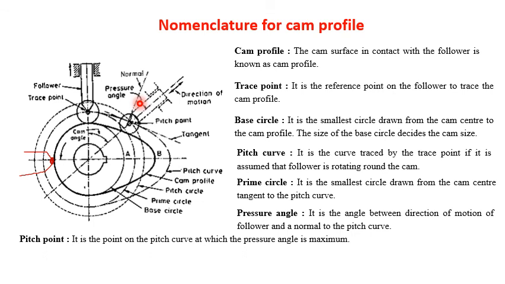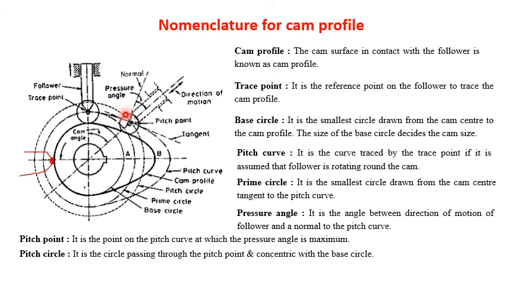Next one is pitch point. Here, this is the pitch point. It is the point on the pitch curve at which the pressure angle is maximum. So at this point we are going to obtain the maximum pressure angle. That point is nothing but the pitch point.